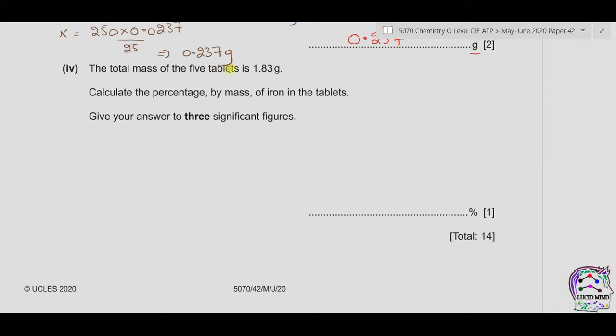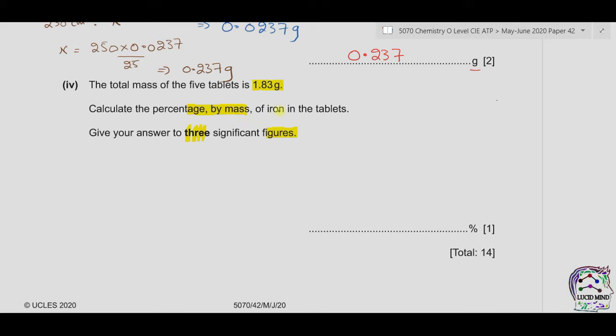Part 4, the total mass of 5 tablets is 1.83 grams. Calculate the percentage by mass of iron in the tablets. Give your answer to 3 significant figures. The mass of iron obtained was 0.237 grams while the total mass was 1.83.